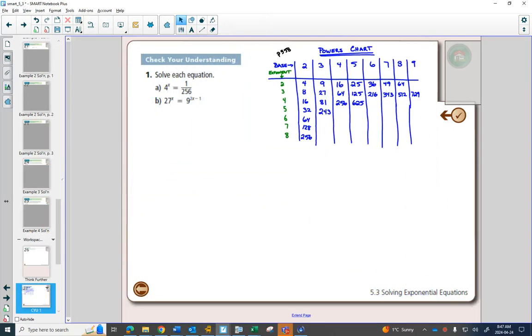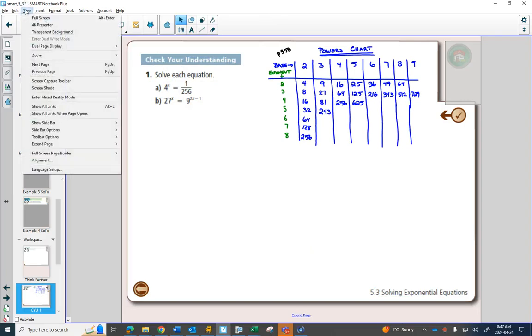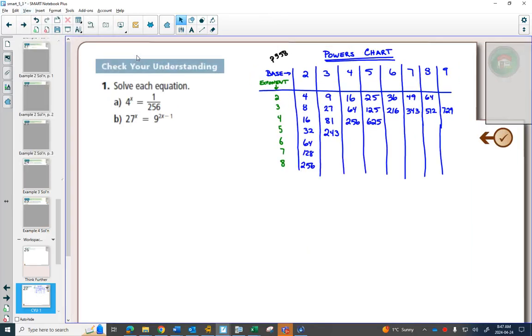There it is. Off to the side, a little bit smaller. So for part A, well, obviously 4 could be in a base of 4. 4 is also in a base of 2. Is 256 in the base of 4? Yes. It is also in the base of 2.